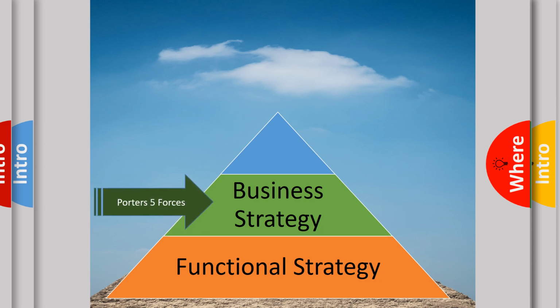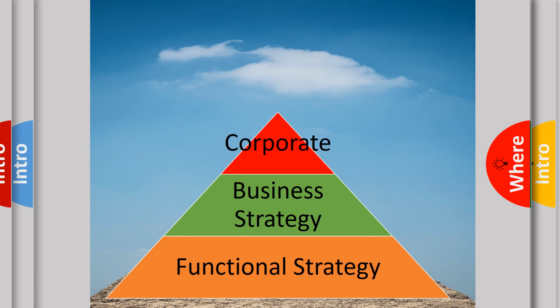So again, in the business strategy side, in the middle management, we've got models like Porter's 5 forces or the value chain that could be used to be shaping the business as a whole in terms of how it operates and how it does things. From a corporate level, as we previously mentioned, we've got the BCG matrix.